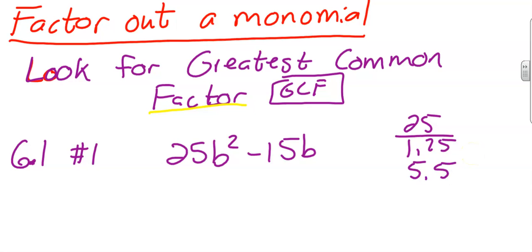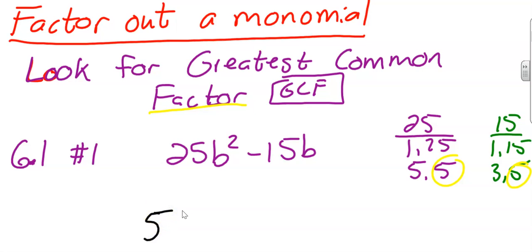For 15, you've got 1 times 15 and 3 times 5. So you're looking for the biggest number that they have in common. Well, that's 5, right? I mean, you could go with a 1 for sure, but the biggest number you can get out of that is the 5. So when they ask you to take out the greatest common factor, it's going to be a 5.